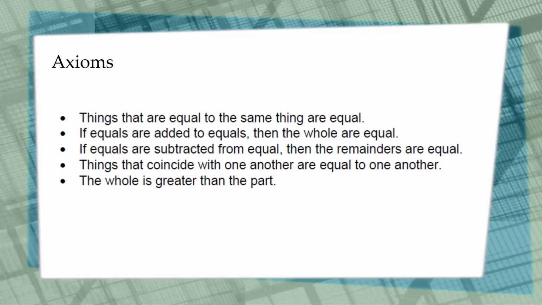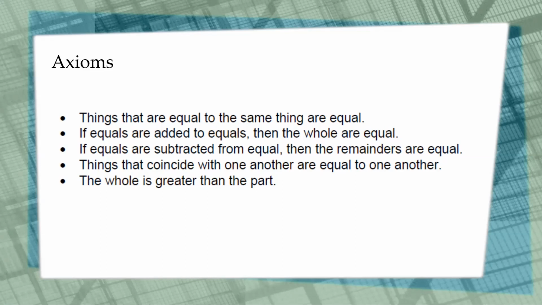Sabihin natin, ikaw, kamukha mo ang iyong mama. And ikaw naman, kamukha mo yung anak. Can we say na kamukha nung anak mo yung mama mo? Based on the axiom, yes.